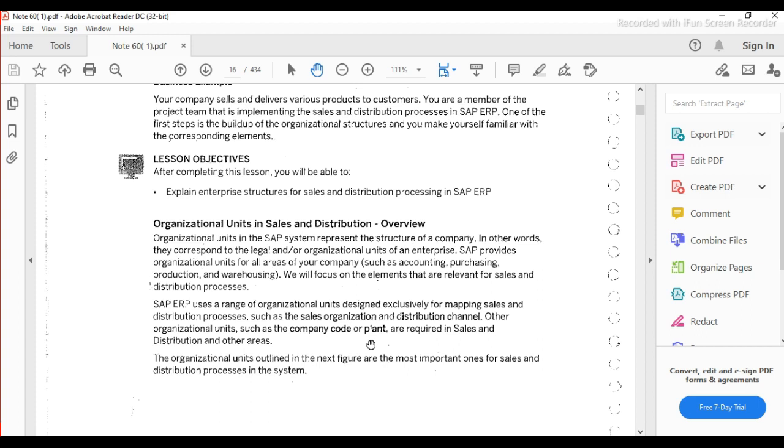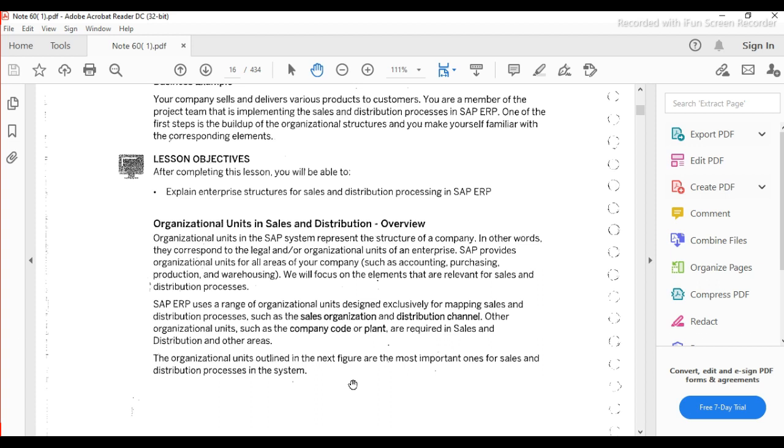Okay. Now let's move to our organizational unit. What do you mean by organizational unit? An organizational unit in SAP is the structure of the organization, which is the legal entity, which has a physical boundary, an address, everything. Based on departments, SAP has exclusively designed sub org units.